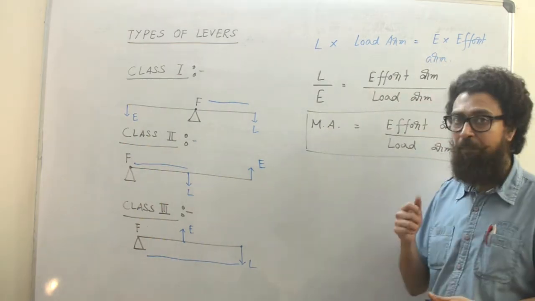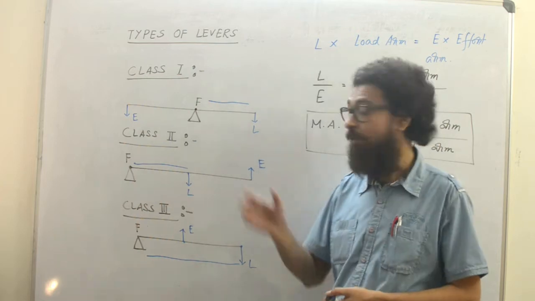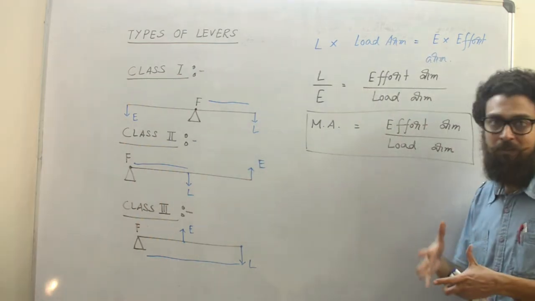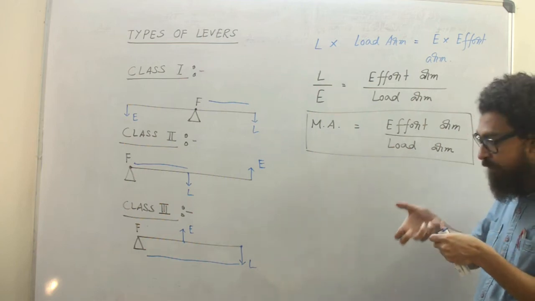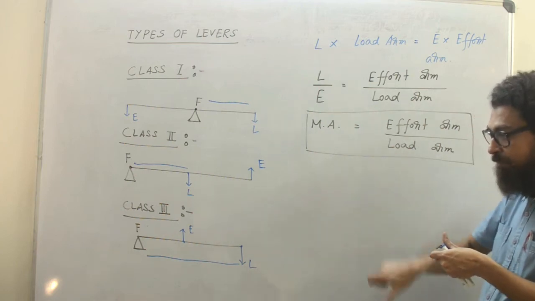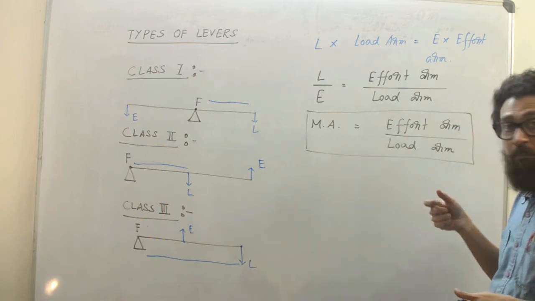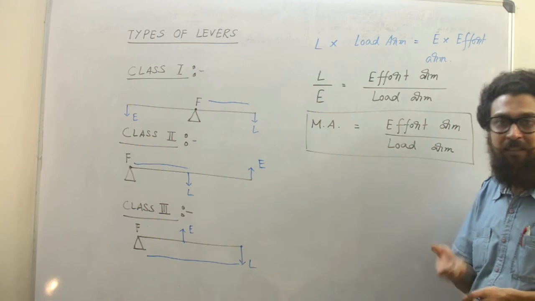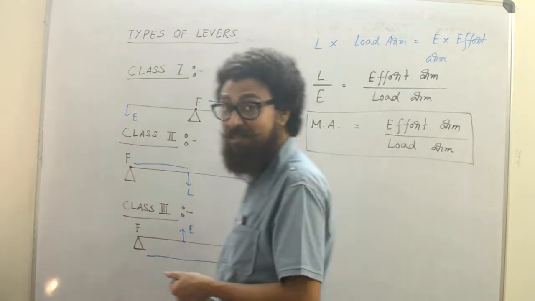Because you will see in pliers the effort arm is more. You will see the handle is bigger, and the section through which we hold it, a screw or something, when we open it, that is very small, but it is very heavy. It is made of good quality steel.